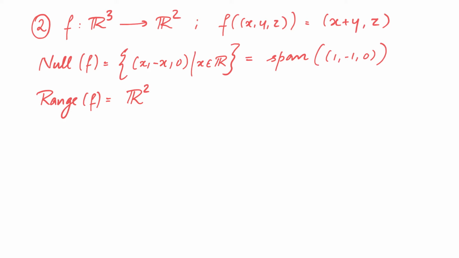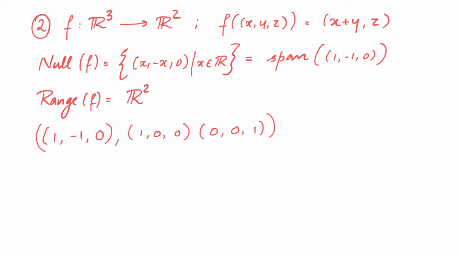In this case, it's just a single vector (1, -1, 0), and we will extend this to a basis of R3. For instance, I can take the two additional vectors (1, 0, 0) and (0, 0, 1). This is an extension of the basis of the null space to a basis of R3.